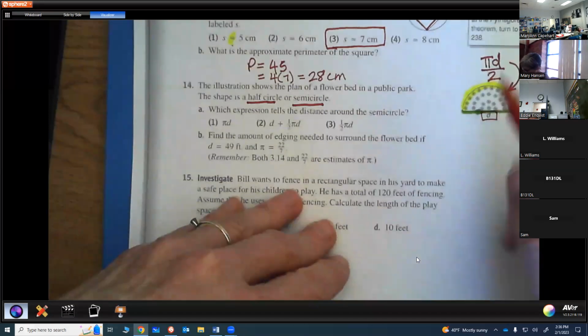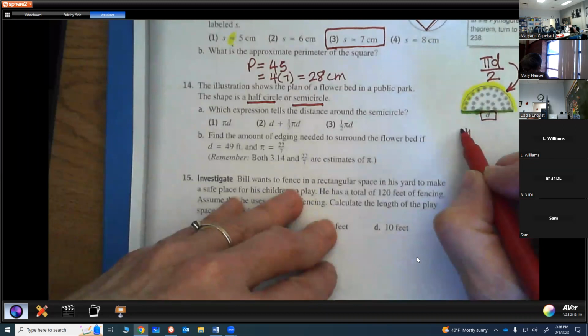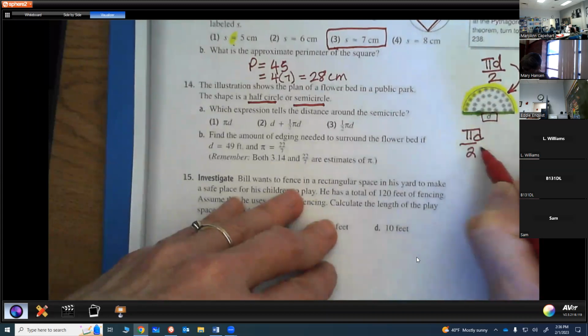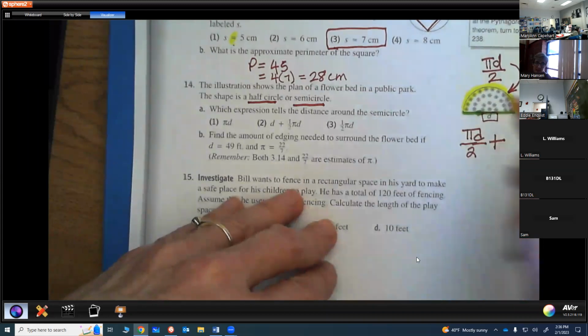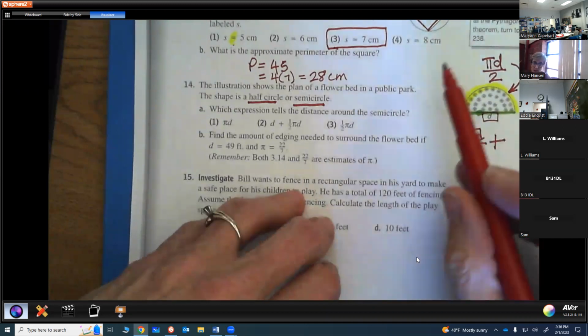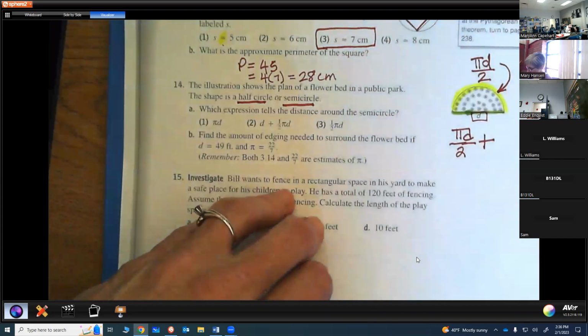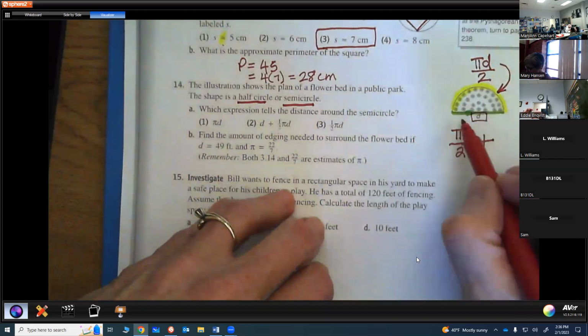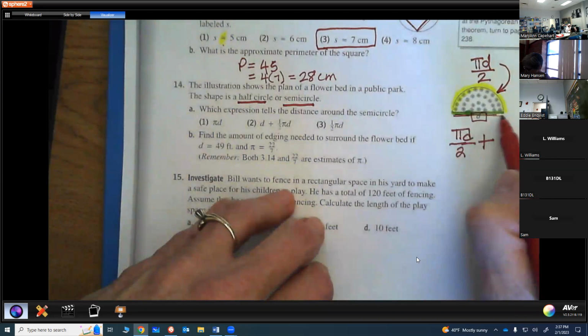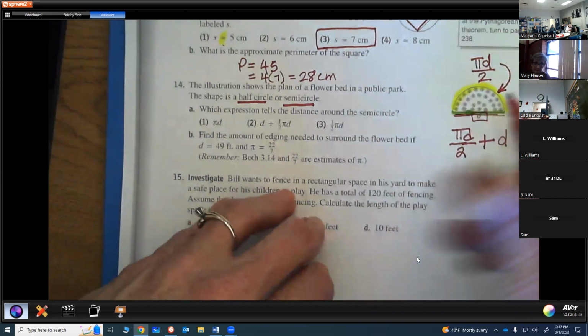And so around the semicircle is pi d divided by 2. What do we have to add to it to get the fencing for all the way around the shape? Paige said we've got to add another fencing length that's the length of the diameter.